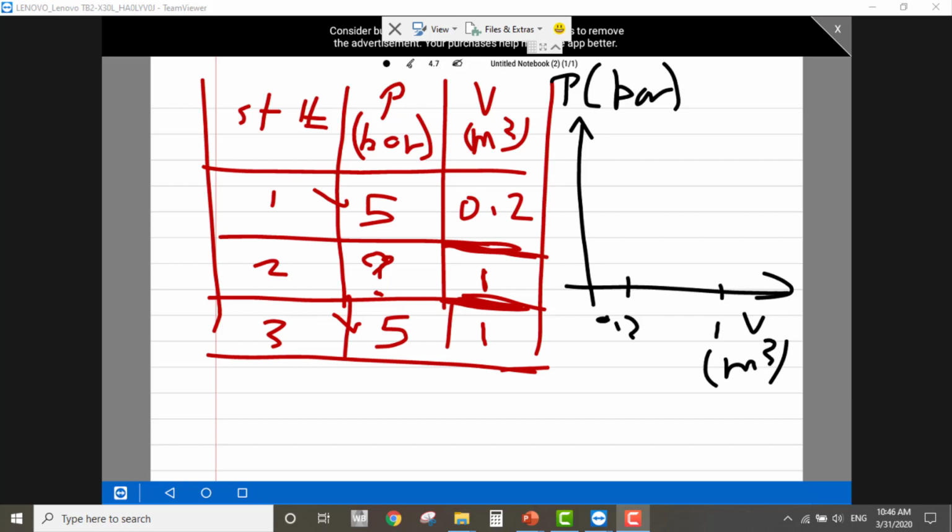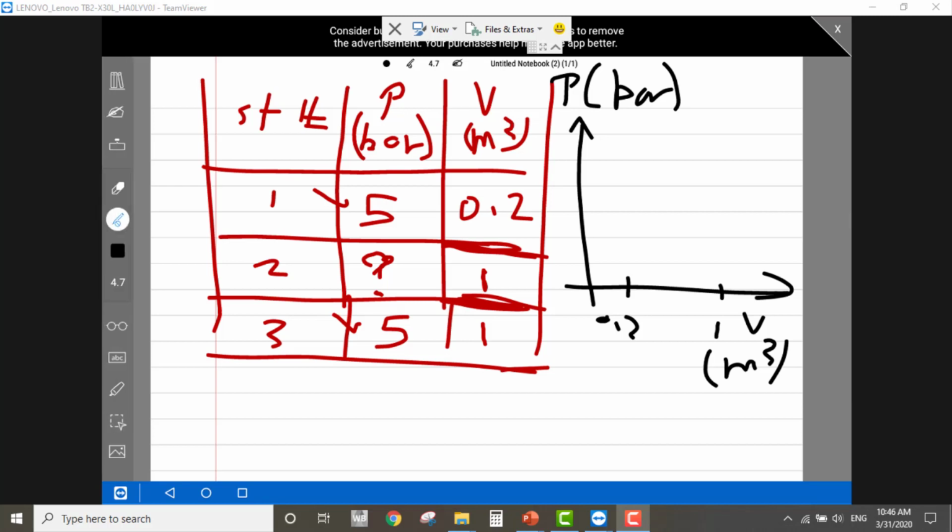But P2 is unknown. So this is expansion from 1 to 2, but we cannot know where state 2 is located exactly.